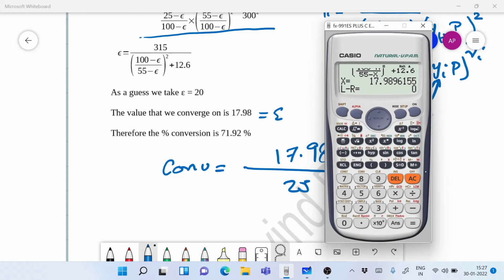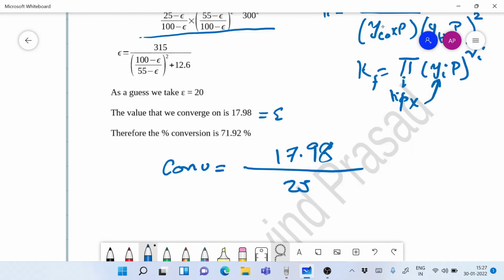So what we have now is 17.98 reacted, divided by the feed, that is 25, multiplied by 100. So this is 17.92. The conversion that we have is 17.92% on the basis of carbon monoxide.